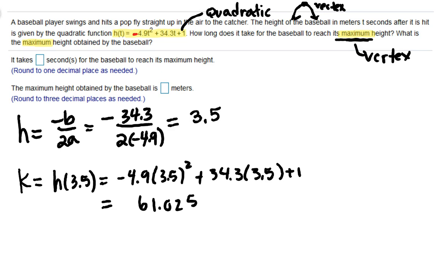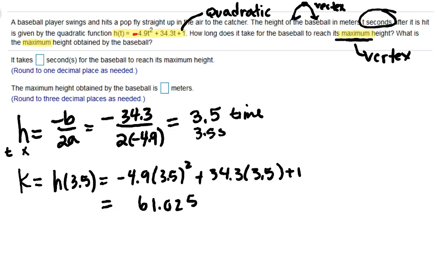Now, let's make sure we know what these values mean. Typically, the h in the vertex is representing an x, but we don't have an x in our equation. We have time, which is t. So this 3.5 is representing the time, and the time was given in seconds. So this is 3.5 seconds.